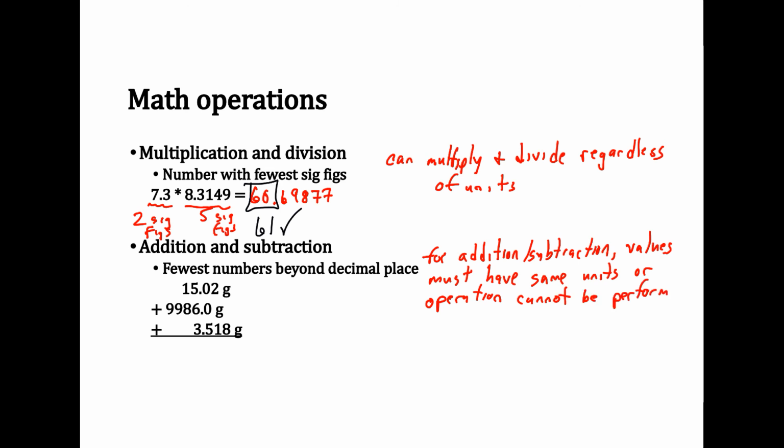So you can't even add meters to kilometers. You would have to add kilometers to kilometers or meters to meters, but you cannot mix them. They have to have the exact same units.